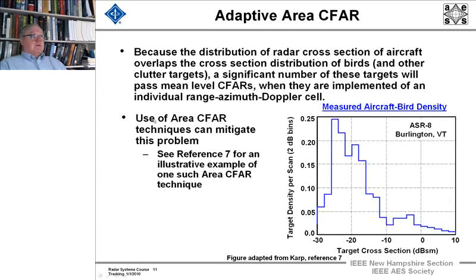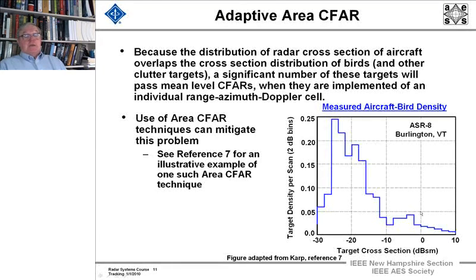So these techniques are ones which need to be developed for all ground-based radars that are looking for relatively small aircraft, and the nose on a Piper Cherokee of 1 meter squared.